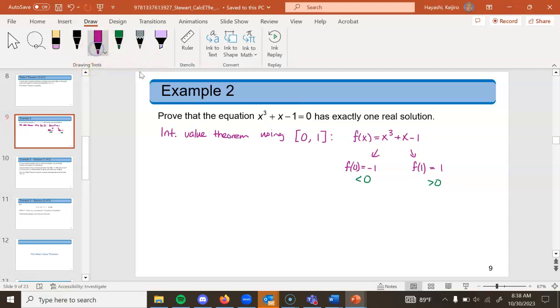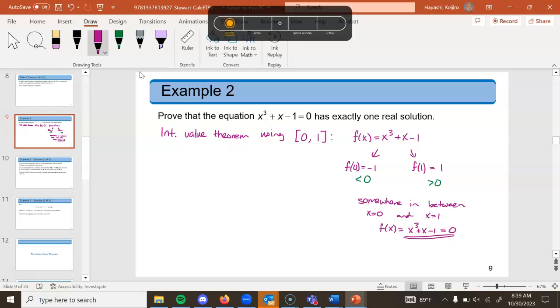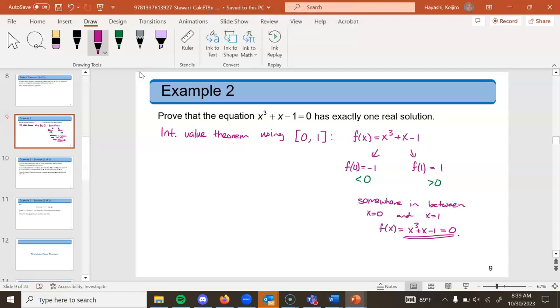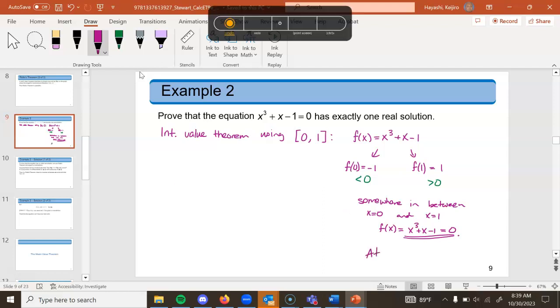So somewhere in between x equals 0 and x equals 1, or in other words, on the interval 0, 1, somewhere between 0 and 1, this function x cubed plus x minus 1 is equal to 0. So at least one solution exists.